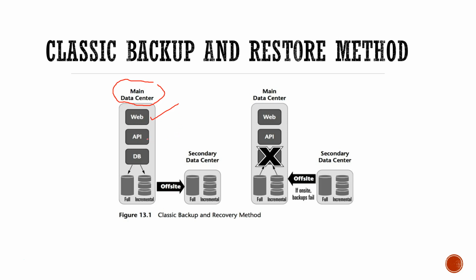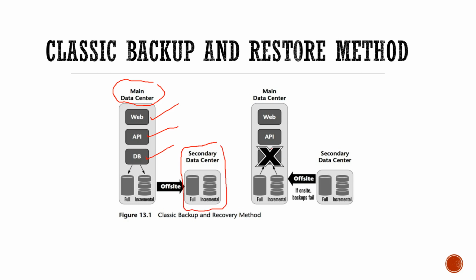Then you have the business layer where you have an application programming interface or the middleware. And then you have the database at the storage layer. Those three layers are very familiar to us. You also have full and incremental backups in the secondary data center, which is usually located somewhere else.